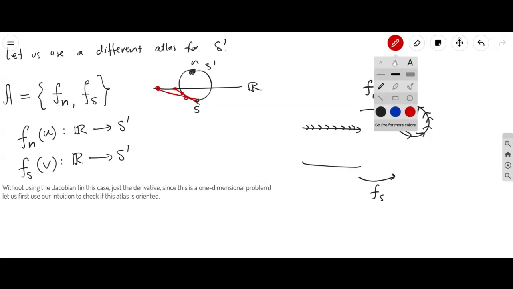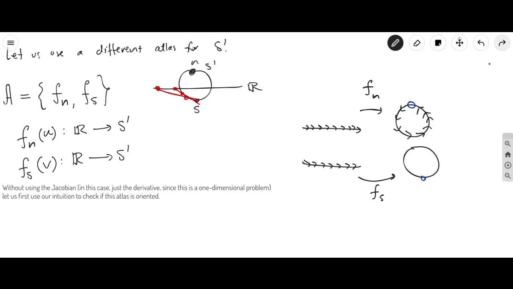So then the image of the real line, let's orient the real line from negative to positive, you get the circle. The uncovered point here is the South Pole, and this time this one moves clockwise.